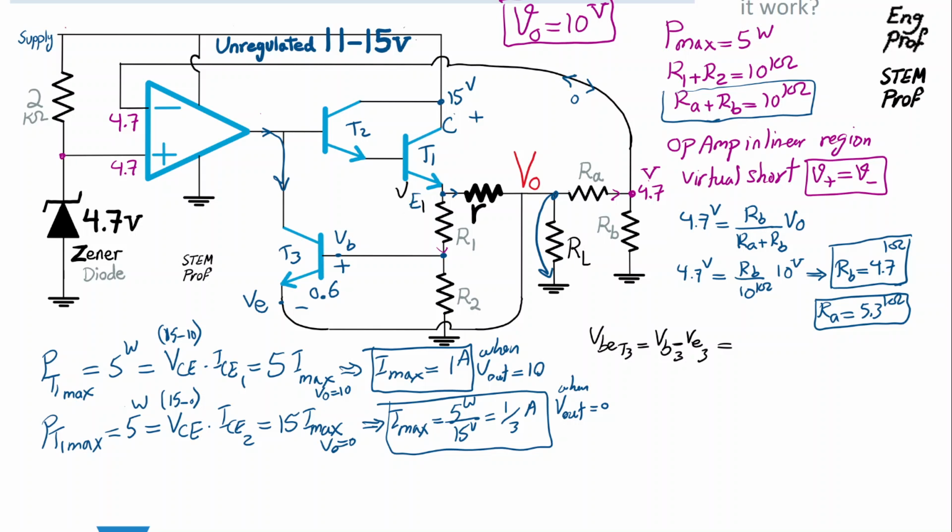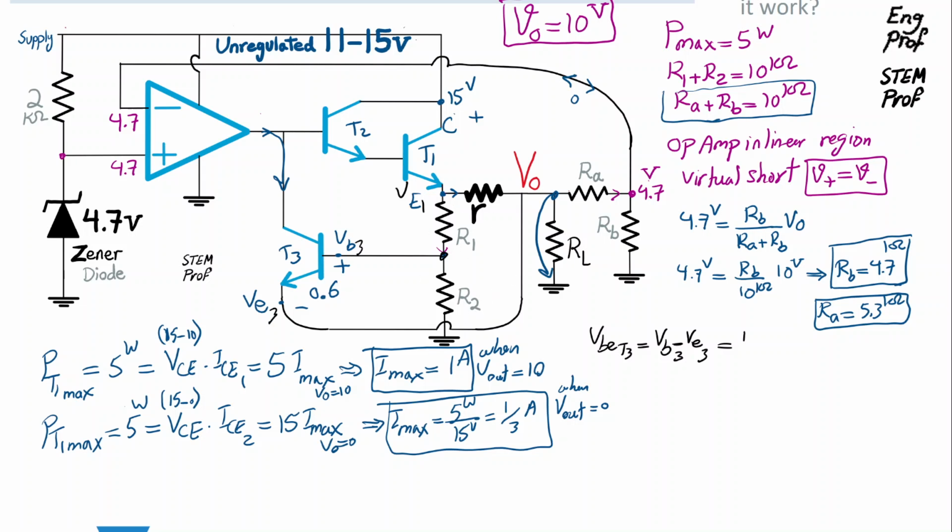So we can calculate that. But then, assuming that R1 and R2 are limited to 10K, then we can say that the current that is flowing through these two guys is going to be considerably larger than the current that the base of this transistor will take when it turns on. So we can make the assumption R1 and R2 are roughly just in series. And therefore, voltage of the base for T3 is going to be just the voltage division between R1 and R2.